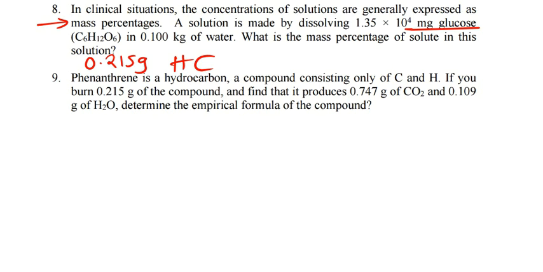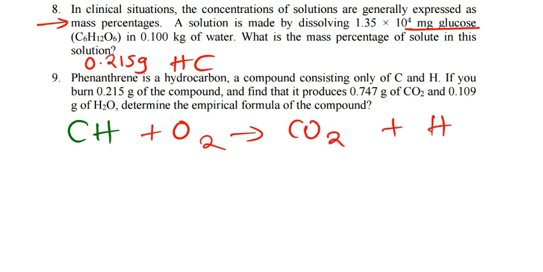So we've got CH of mass 0.215 grams. After we burn it in oxygen, it gives us carbon dioxide and water. This is combustion analysis. A lot of questions are answered on our site.